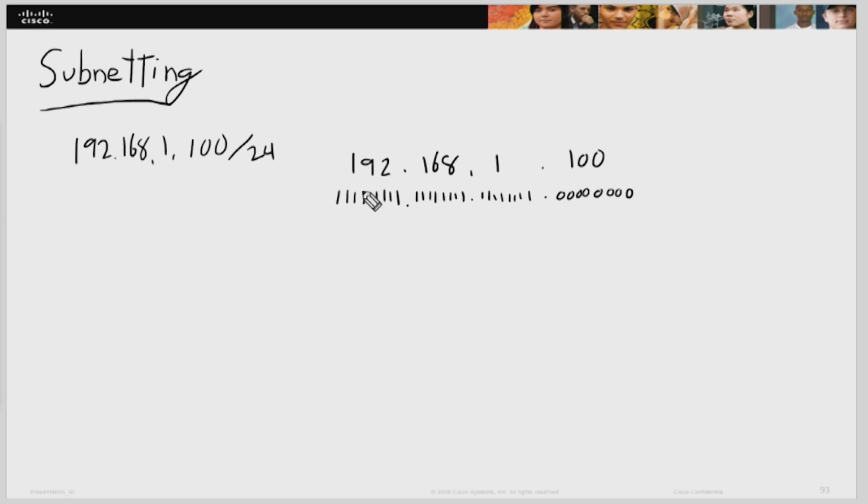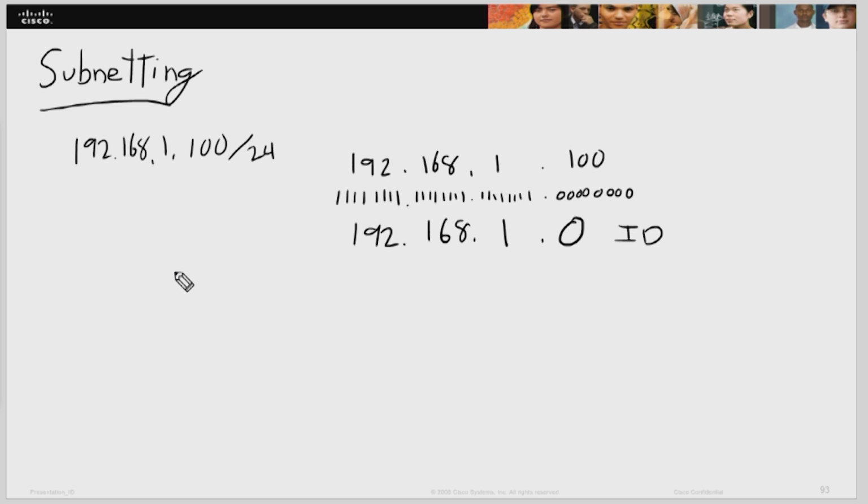So whatever 192 was before, if it's all ones, 192 is after. 168 drops through. 1 drops through. The zeros block everything. So if you're logically ANDing with a 0, it will always be 0. So this 100 can't come through, so my last number is 0. This is the network ID. It's just looking at the network portion.